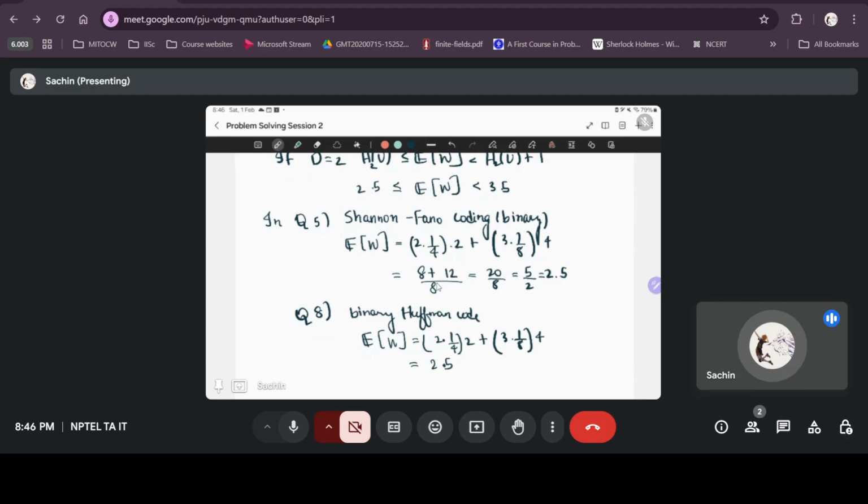So we meet the lower bound. Both Shannon-Fano coding and binary Huffman codes were optimal in that case. This happens because the probability of each of the messages is an inverse power of the alphabet size. So the alphabet size of output is 2, and the probability of each message is a negative power of 2. So in that case, your Shannon-Fano coding and Huffman coding both are optimal and reach the lower bound.